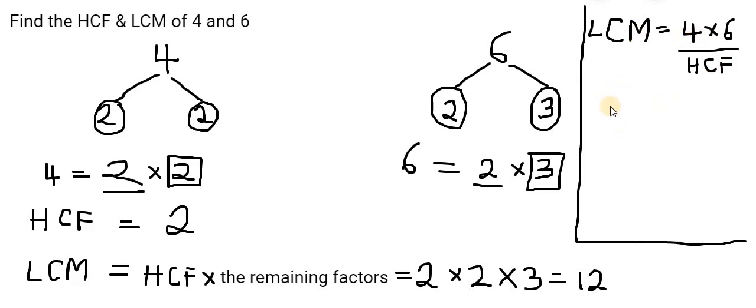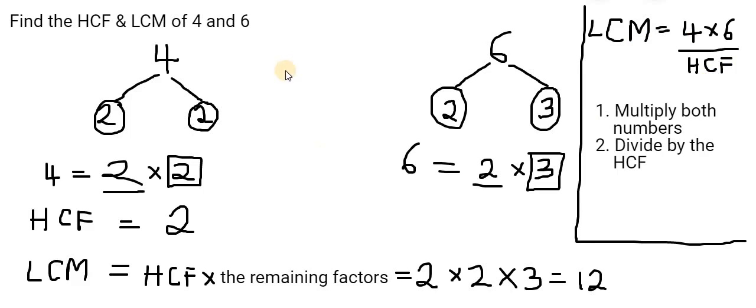So you multiply both numbers and you divide by the HCF. 4 times 6 is 24. HCF is 2. 24 divided by 2, we get an LCM of 12. Okay, pretty straightforward.